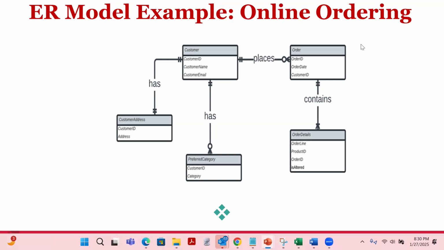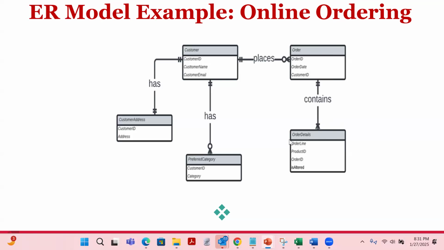So customer places orders. We can see that a customer can place multiple orders, but it's not mandatory for a customer to place orders, because there is an empty circle here, which means that it's optional. Okay. An order must be placed by one and only one customer. An order must have multiple details, at least one order detail, okay, and so forth.